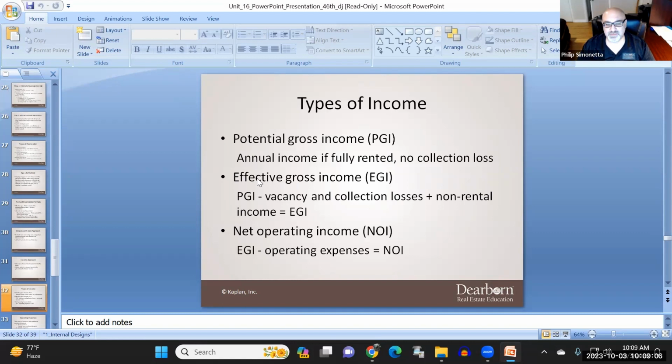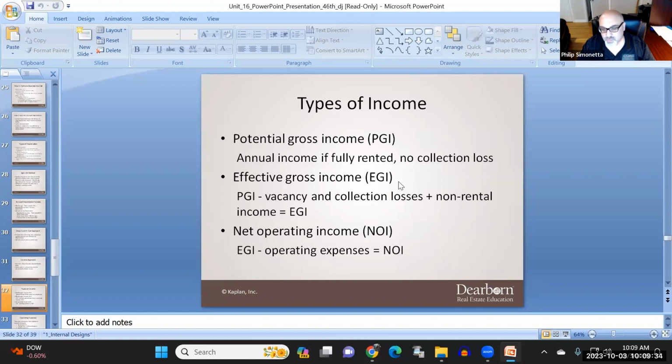Okay. Then you have your effective gross income, your EGI. So you have your PGI, you have your EGI. That's your effective gross income. And how do you calculate that? It's your PGI minus any vacancy and collection losses you have. So if you have a building with 4 apartments, and let's say one of them was empty for 2 months, and let's say one person didn't pay you for 2 months, right?